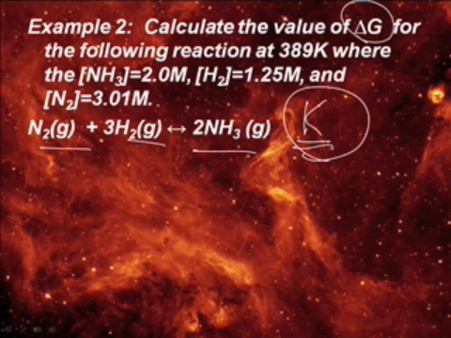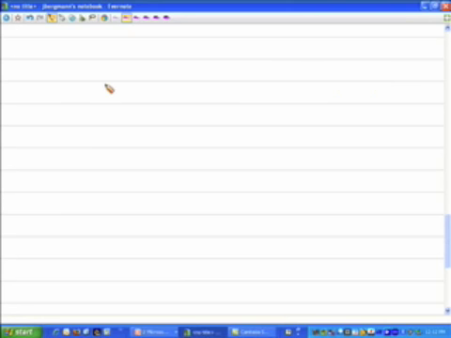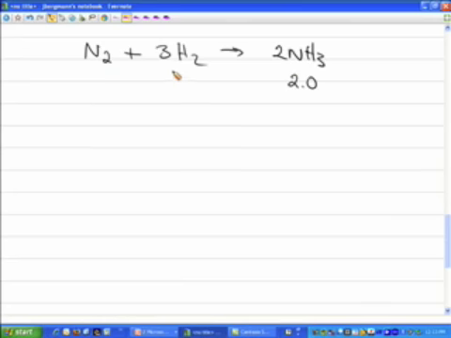Okay, so the reaction is the classic reaction, N2 plus 3H2 makes 2NH3. It's at equilibrium, so we have 2 molar ammonia, the hydrogen is 1.25 molar, and the nitrogen is 3.01.